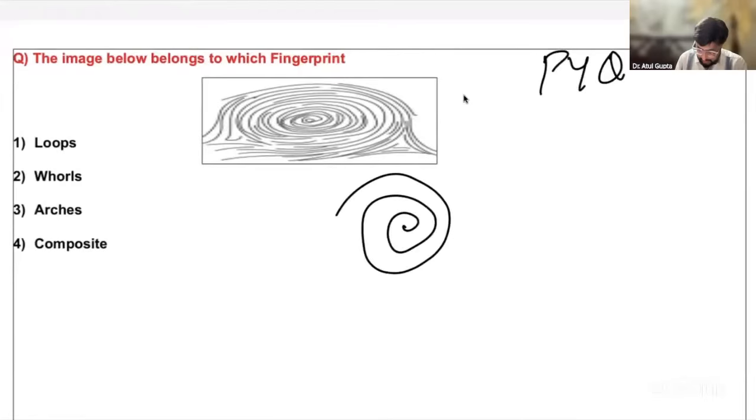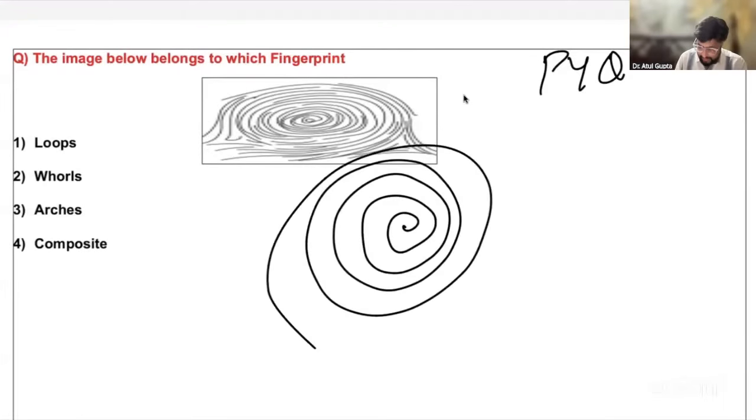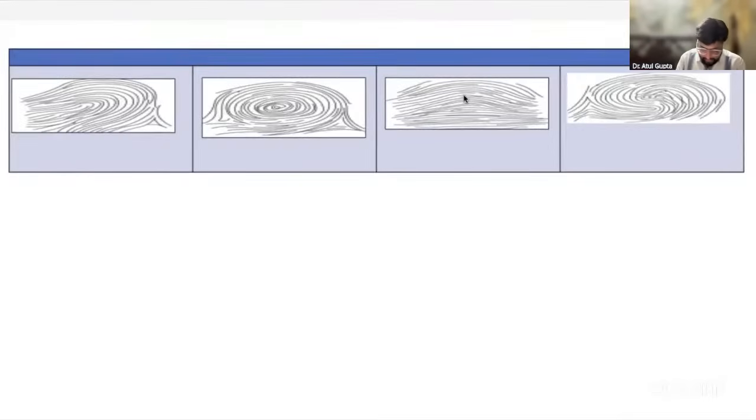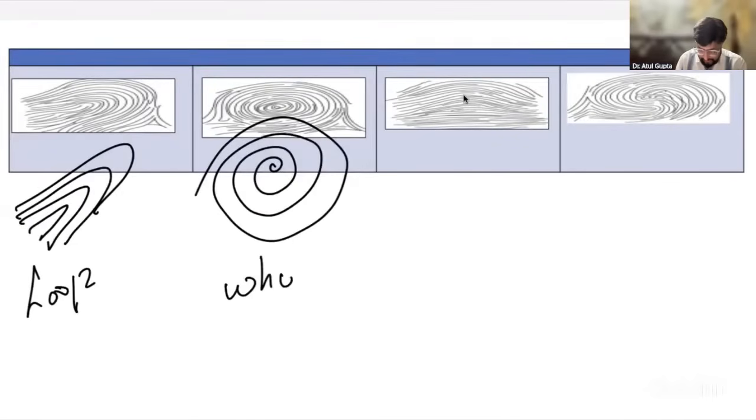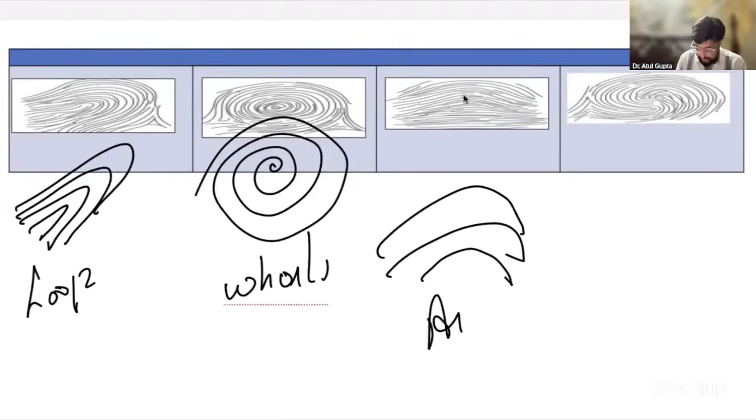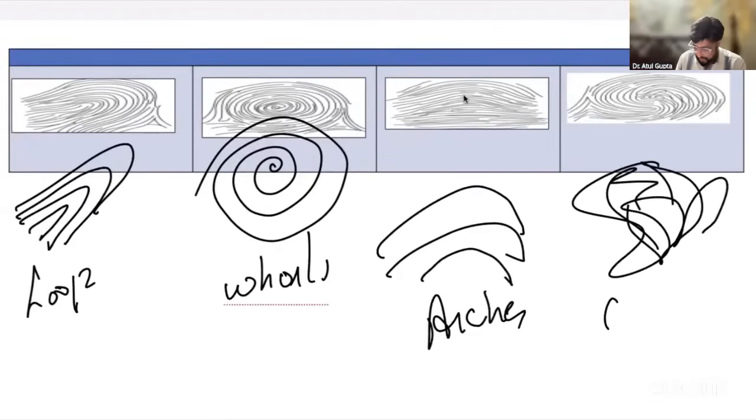Whenever the figure is like this, then it is whorls, and I don't know if exactly this image was there. These are all images I showed you in the class. This is loop, this is whorls, and this is arches, and an irregular mixture of all these is composite.